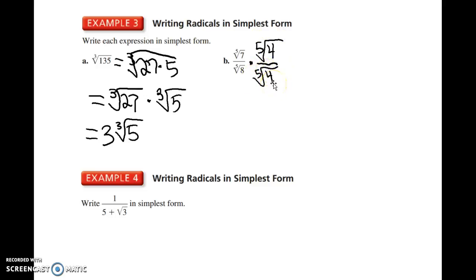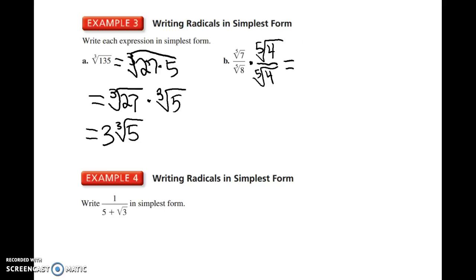The reason I can do this is because I know that 2 to the fifth is 32, and 8 times 4 is 32. So I know I can pick something nice to make this problem a little bit better.